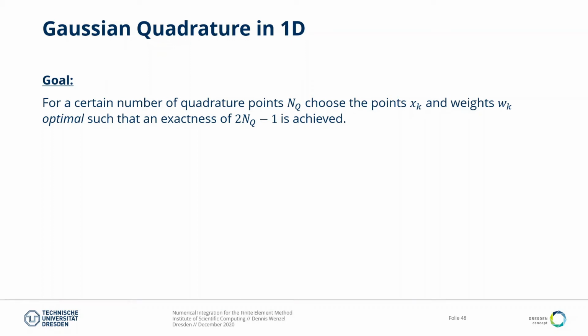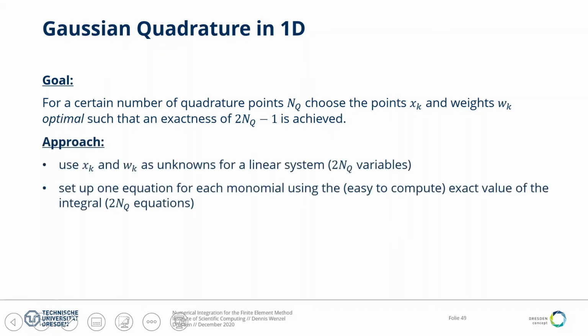So that kind of makes sense. More precisely, we use the points and weights as unknowns for a linear system, and that is precisely 2 times NQ variables. And for each monomial, we use the exact value of the integral to set up the equations, and that's also 2 NQ equations.